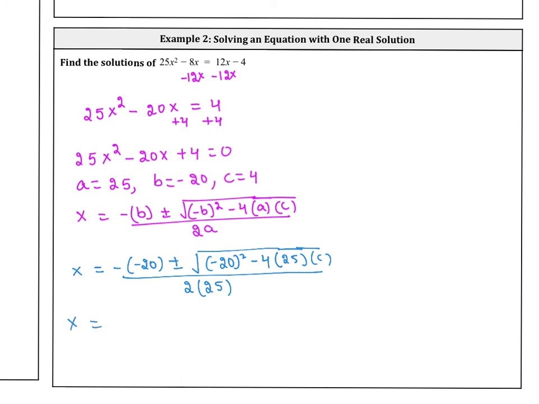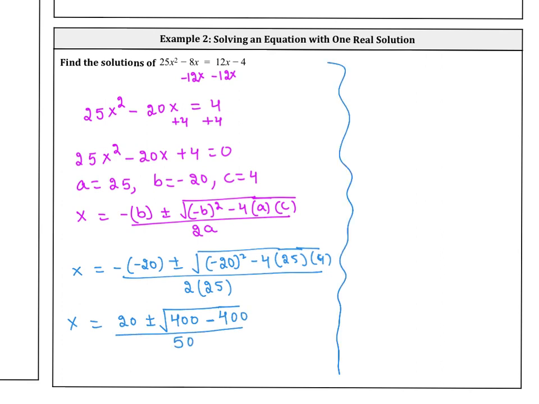So you get x equals 20 plus or minus, 20 squared is 400, minus 4 times 25 times c, which is 4, over 50.